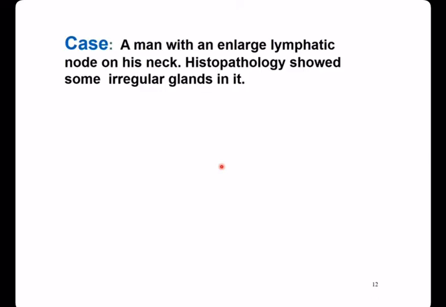Here is a case showing us how IHC is used in clinical diagnosis. A patient went to see a doctor because he found an enlarged mass on his neck. The doctor thought it might be a lymph node. Then the mass was cut out and sent to a pathologist to find out the answer.